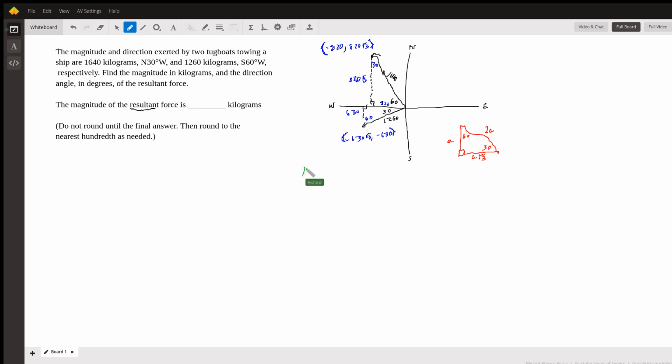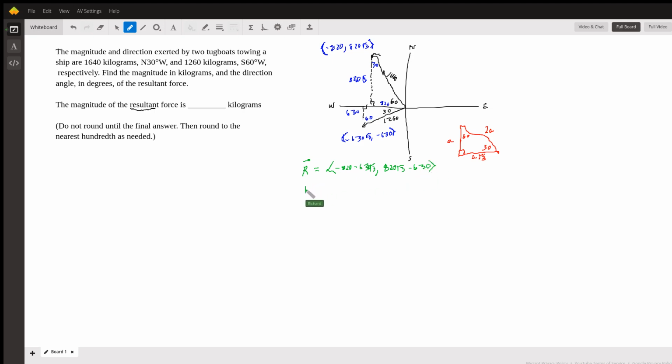So the resultant R is going to be equal to, we just add these together, negative 820 minus 630 root 3, comma, 820 root 3 minus 630.